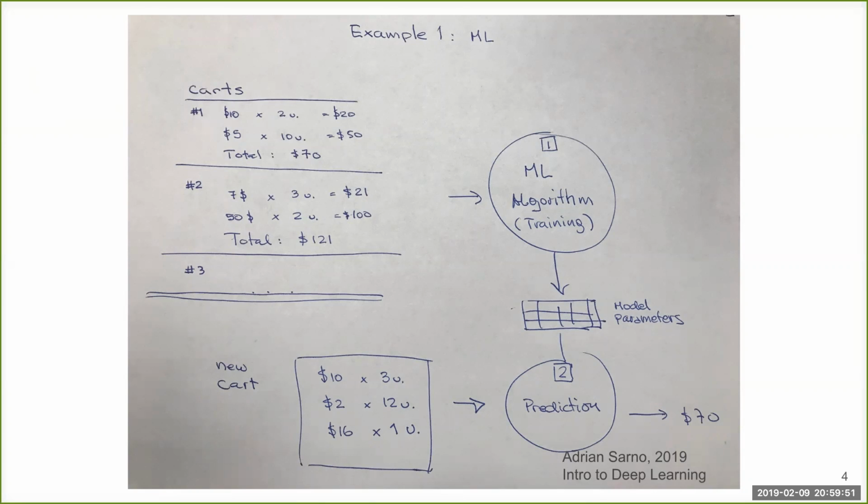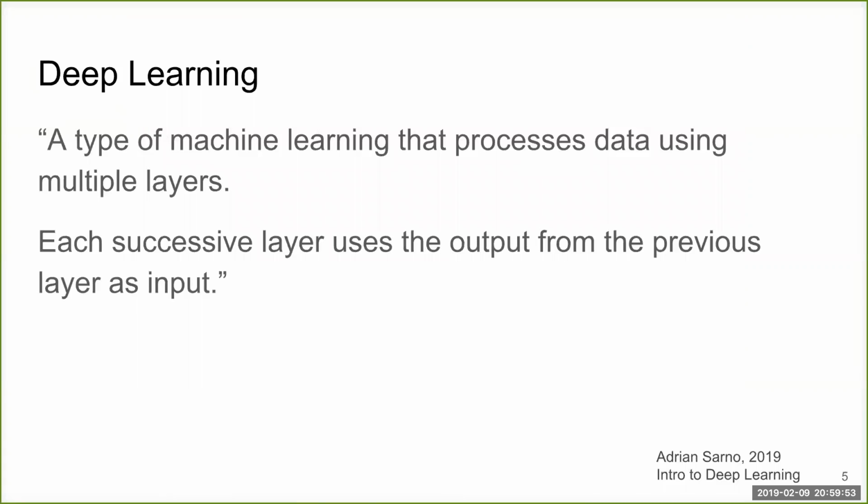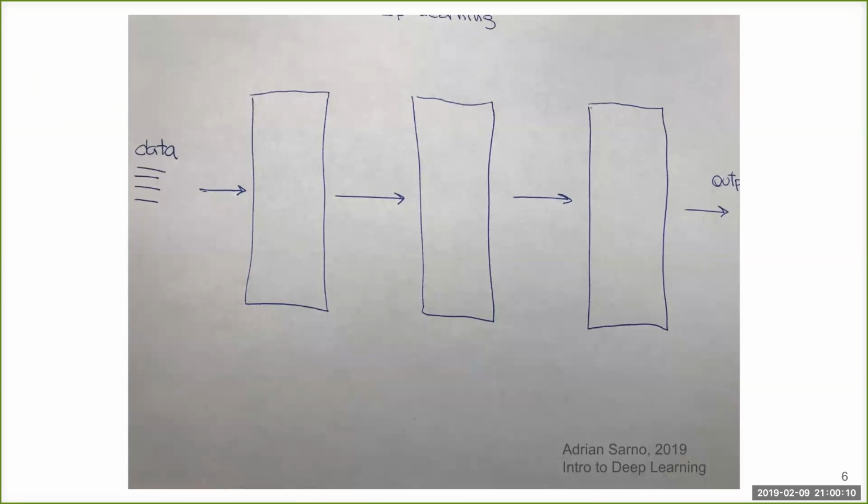Okay, now we can define deep learning as a type of machine learning that processes data using multiple layers. And each successive layer uses the output from the previous layer as input. The term depth here refers to the number of layers.